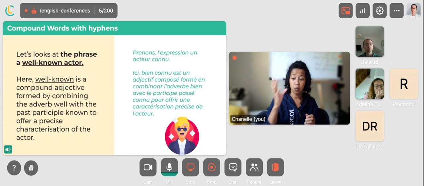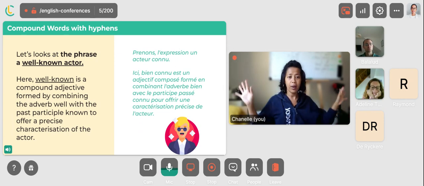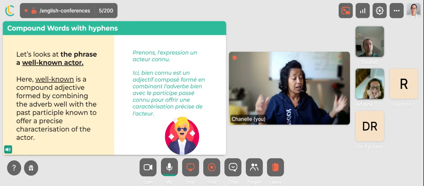So he is well known. So we do not need to say, this actor is known everywhere around the world. Un peu plus court, on dit he is a well-known actor.